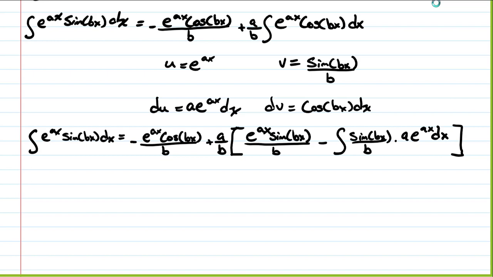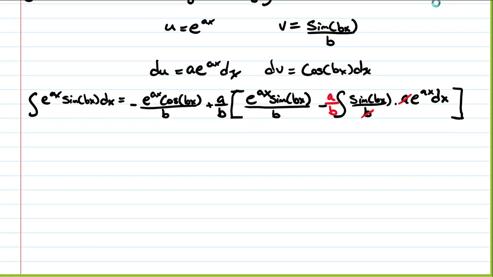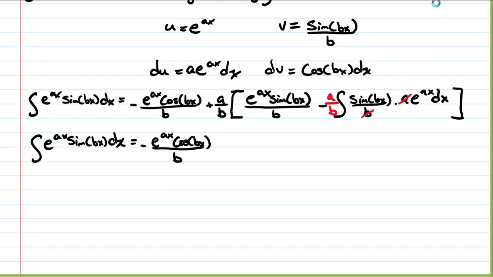Okay. So let's clean a couple of things up once again. So I can take my a and my b and pull them out in front of my integral again, right? So then let's distribute that a over b back into our parentheses. So if we do so, we get the integral of e to the ax sine bx dx is equal to negative e to the ax cosine bx over b.